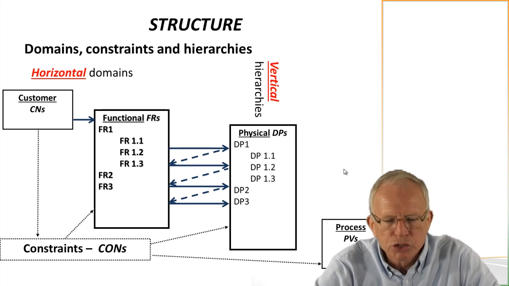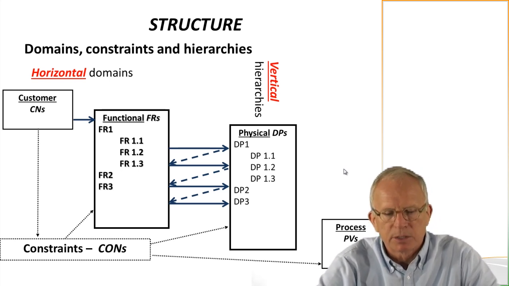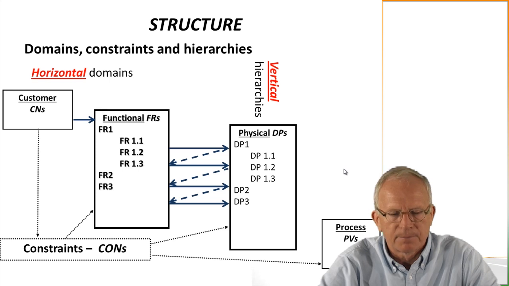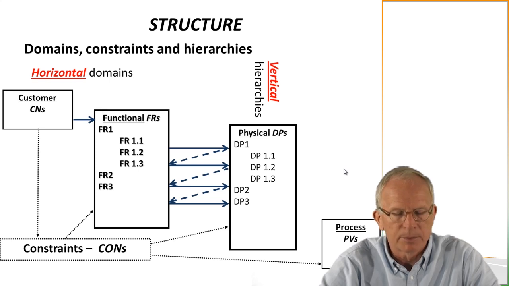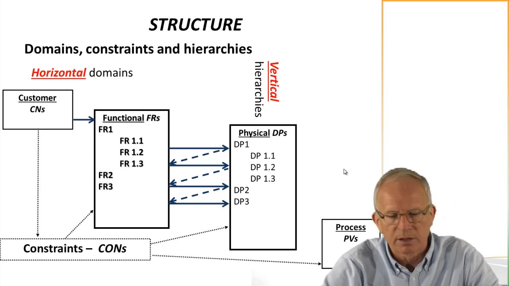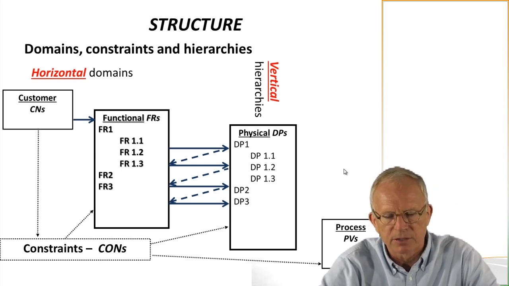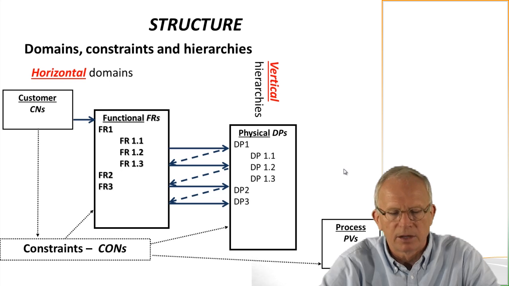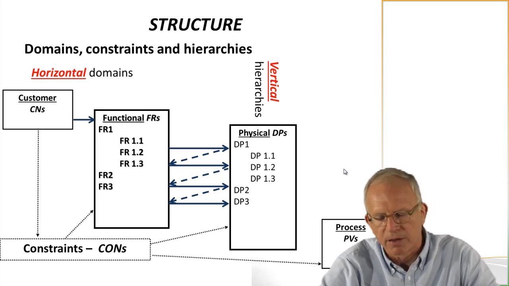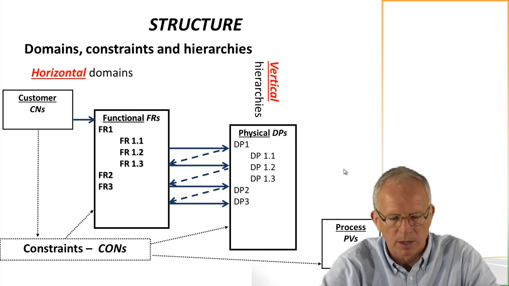Now, as we go to generate these, and that'll be the subject of one of the next modules, we use a sort of zigzagging decomposition, which is shown here, where we start with the function, then find the physical thing that is going to fulfill that, and then go to the next function and find the physical thing that will fulfill that as well.